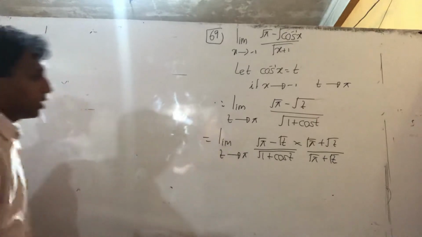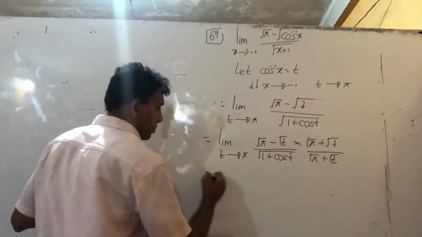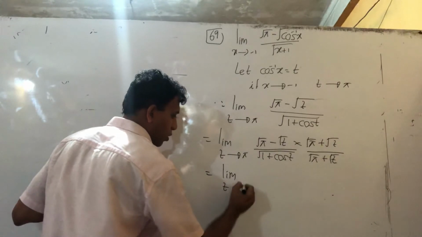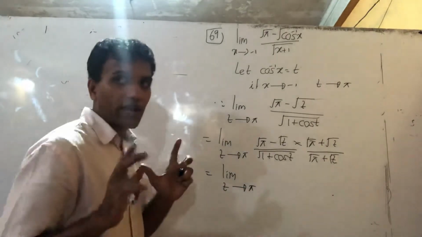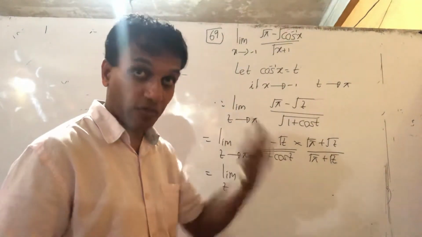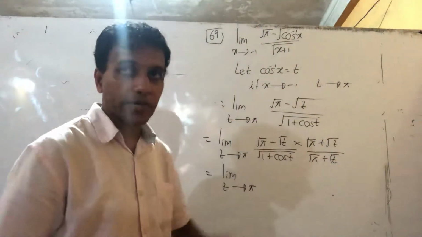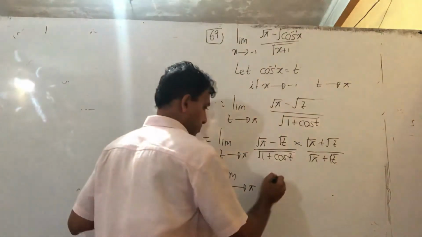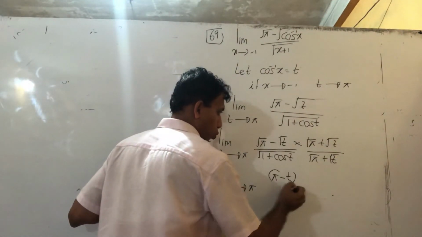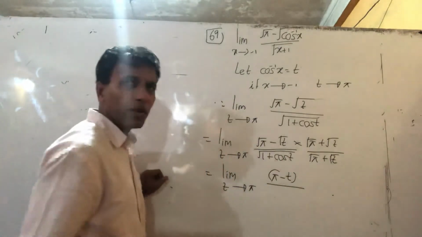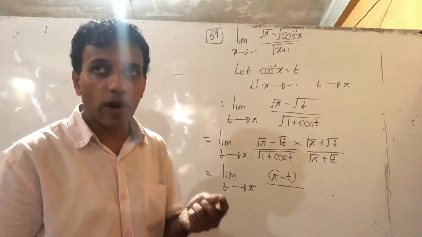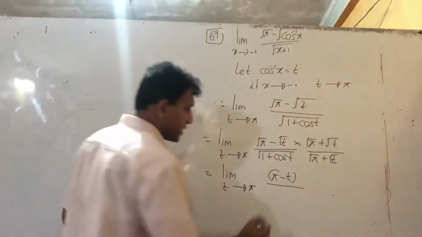So now, what is that? Wherever we use the conjugate pattern, no doubt there must be a factorization pattern, right? Some complex numbers, limit, some differentiation questions, conjugate patterns. So what is that? Pi minus t over, can I write the 1 plus cos t using the double angle, cos 2 theta equals 1 minus 2 sine square theta?